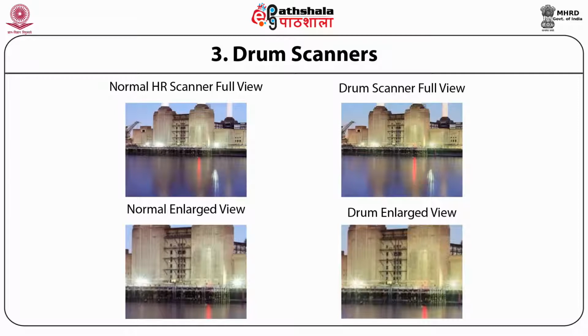Then you will be able to see the clarity in the picture scanned by the drum scanner. So in a drum scanner, we can scan pictures, documents, photo negatives, and photographic slides, etc. The only limitation is that the source should be flexible and of limited size.